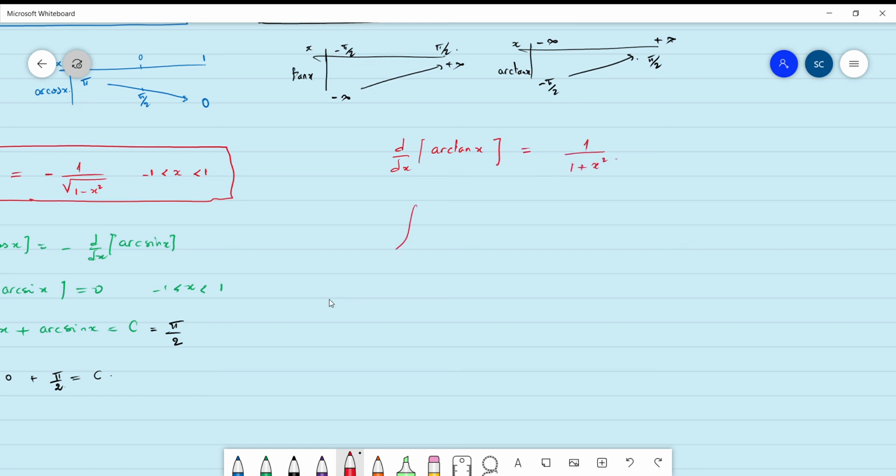Therefore, an antiderivative of 1 over 1 plus x squared dx is the arctangent function plus a constant. Here I want to add just a remark that an antiderivative of minus 1 over square root of 1 minus x squared dx is also arc cosine x plus a constant.